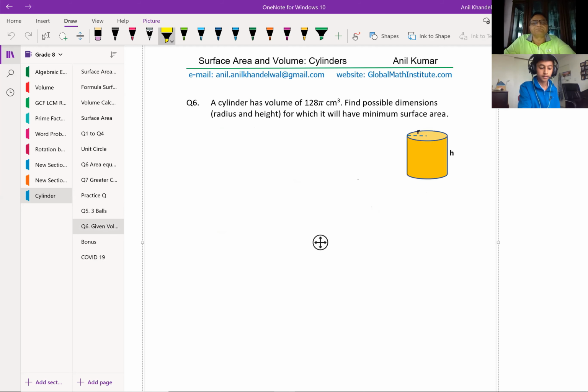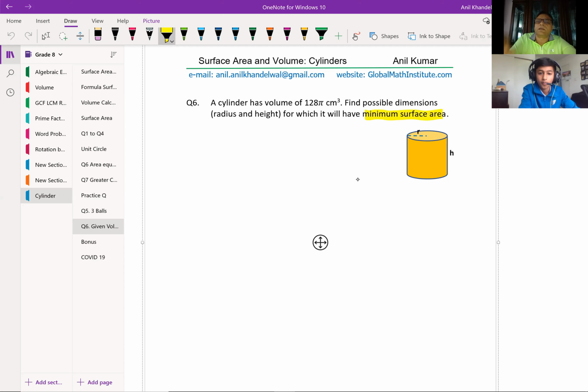Next question, question number 6. Can you read this question and try it out? A cylinder has a volume of 128 pi centimeters cubed. Find the possible dimensions, radius and height, for which it will have minimum surface area. So you have to find the smallest possible surface area. Do you know the condition when it will have minimum surface area?